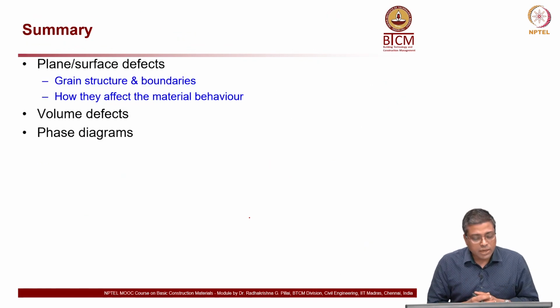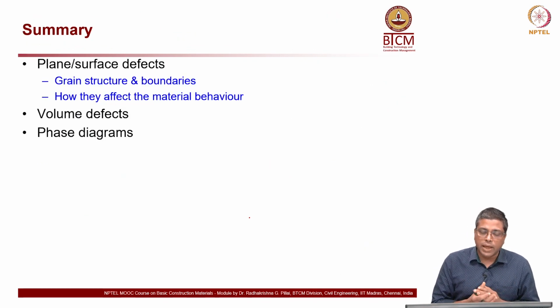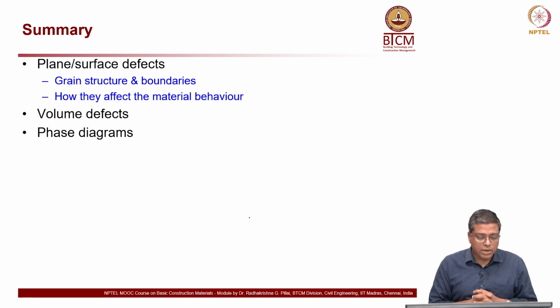To summarize, we looked at plane and surface defects. We talked about grain structure and grain boundaries, and how grain structure, grain size and shape might affect the material behavior. We talked about how they affect the toughness in detail, and also volume defects, which are mainly about air voids or inclusions inside the material.